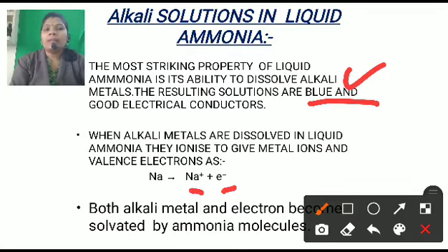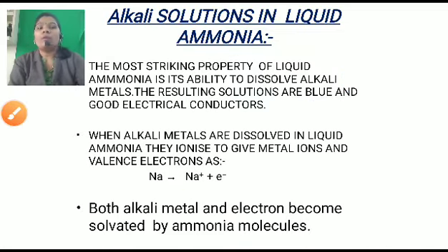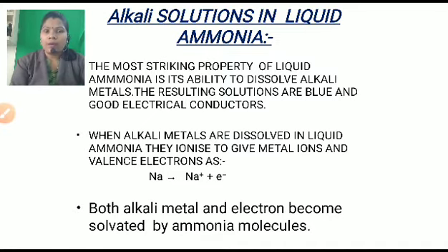Both the alkali metal ion and the electron become solvated by the ammonia molecules. What happens here? The alkali metal dissolves and ionizes into its ion and a free electron.